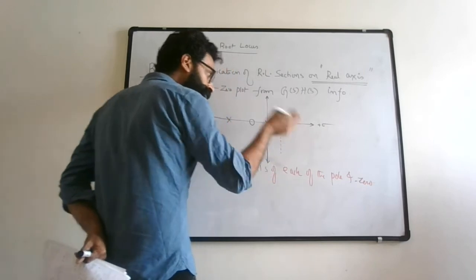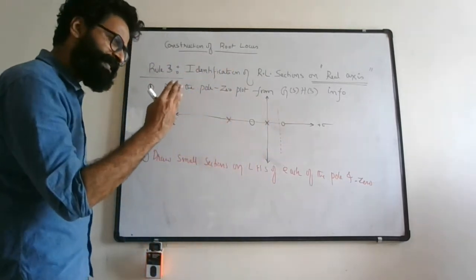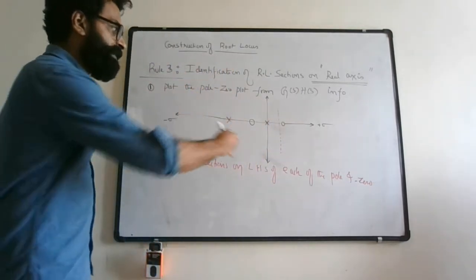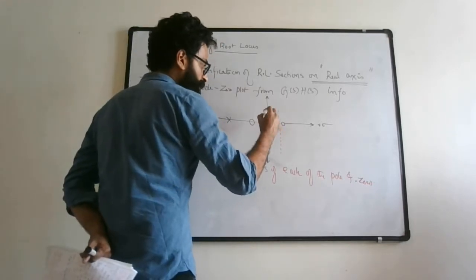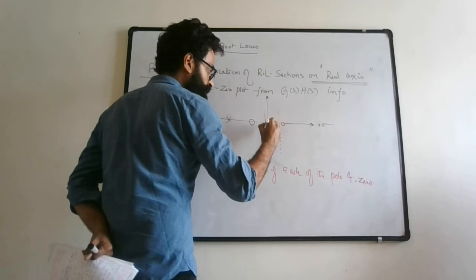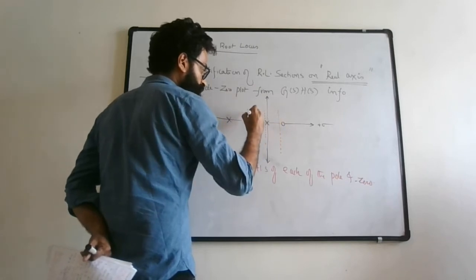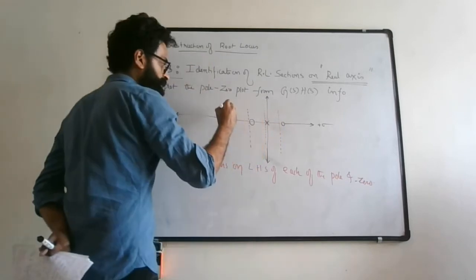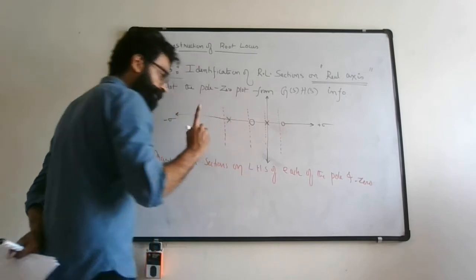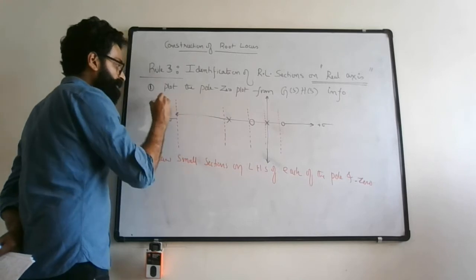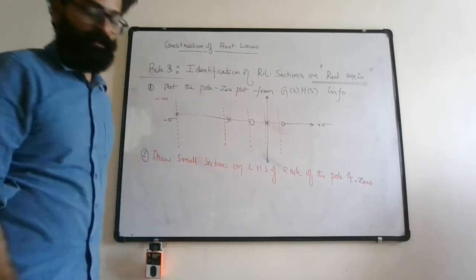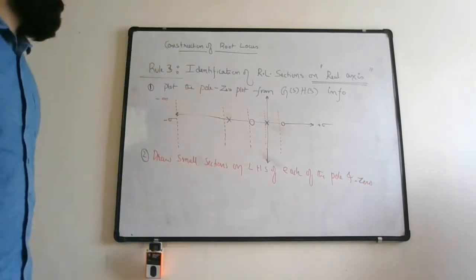Not on the pole or zero, but slightly on the left hand side of a given pole or zero. Similarly I have a pole here, so I will draw section 2 here. Then I have my section 3 here, section 4 here, and compulsorily you have to draw a section at minus infinity. Should not forget about that.